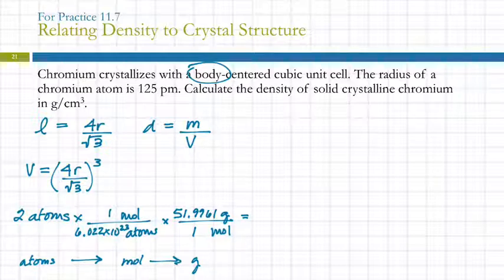Two divided by 6.022 E23 times 51.9961. It's a very small number because it's the mass of 2 atoms.